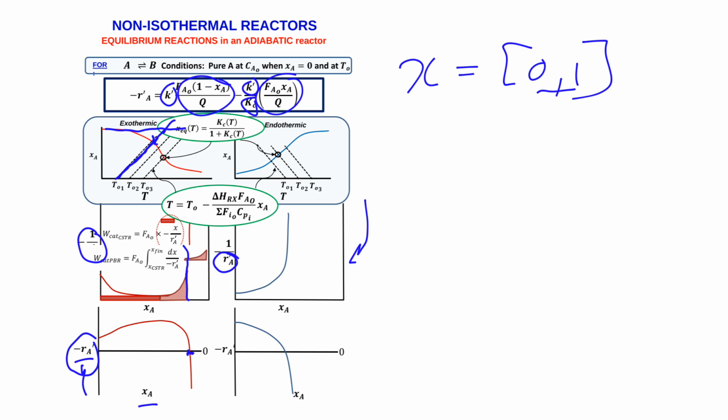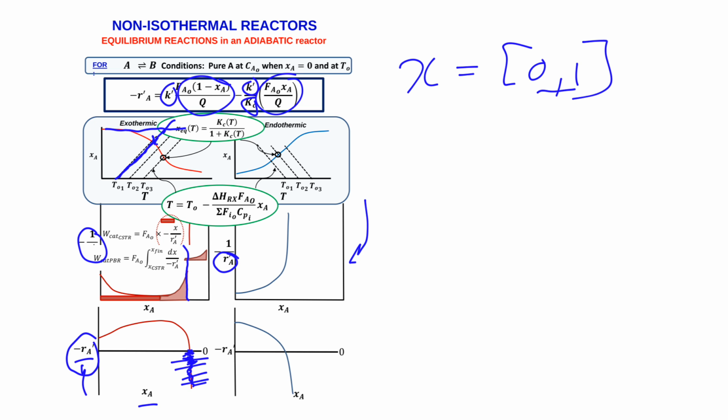So this may tempt you to think that this is where the reverse reaction will take place, but no. Your reaction will stop in your reactor there. So it's not as if you are going to see a decrease in your conversion suddenly because the rate becomes negative. This is just not a feasible part of the line.